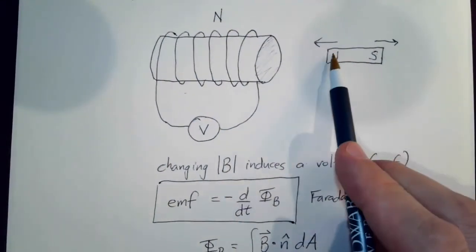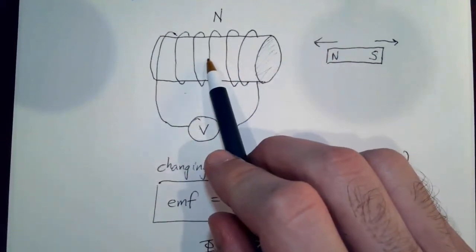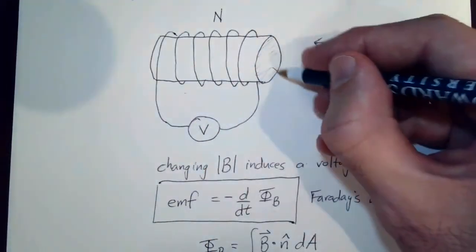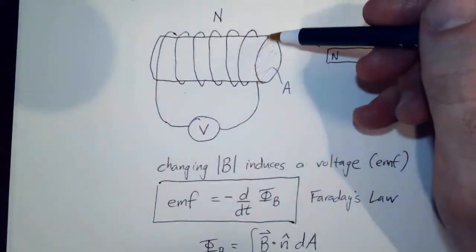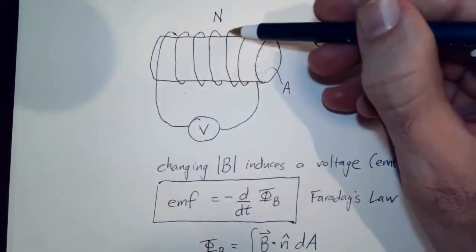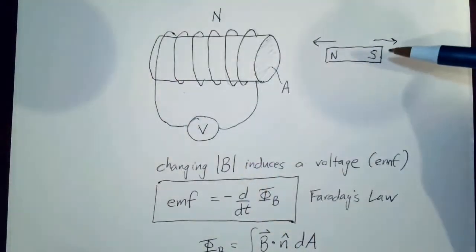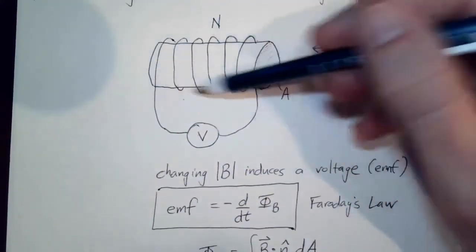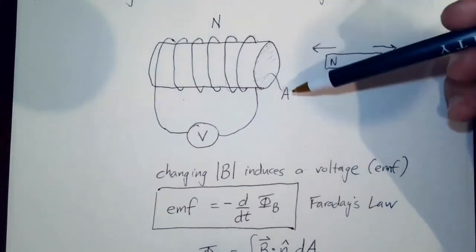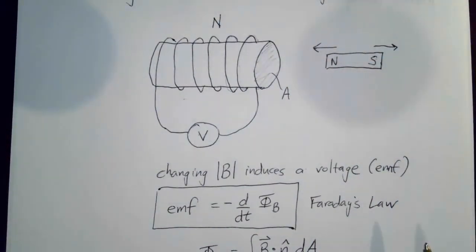then what's the total area that the magnetic field lines are penetrating? Well, it's this area that I already called A, but you can think of there's an area A for each one of these loops, and the magnetic field lines are penetrating all of those areas. So you could say that the effective area for a solenoid is N times A. So let's see what that does in Faraday's law.